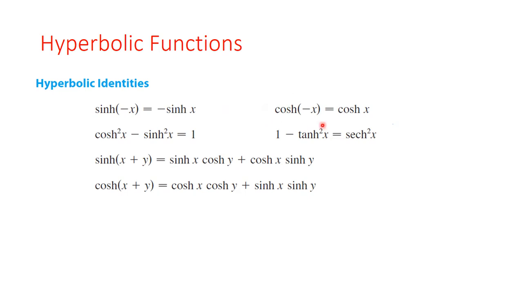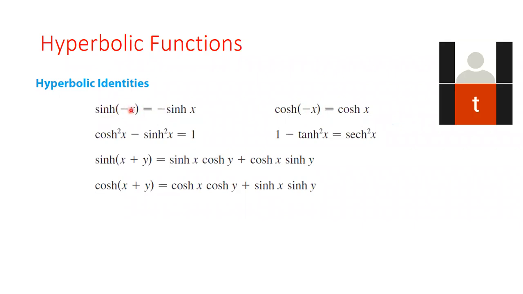But cos of a negative angle will always be a positive cos of that particular angle. The negative does not affect the cos function as a whole. The same thing applies: the sinh of a negative angle will always become negative sinh, and the cosh of a negative angle will always be a positive cosh. The negative does not affect the function in any way whatsoever. It is very important for you to know that, guys.